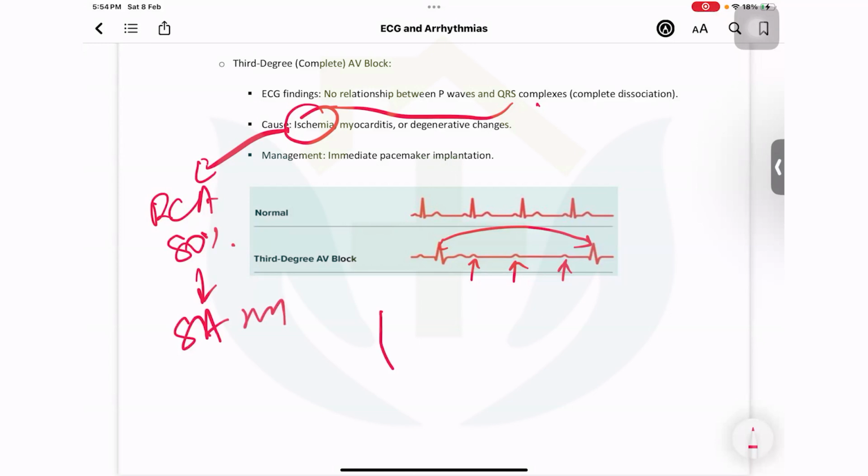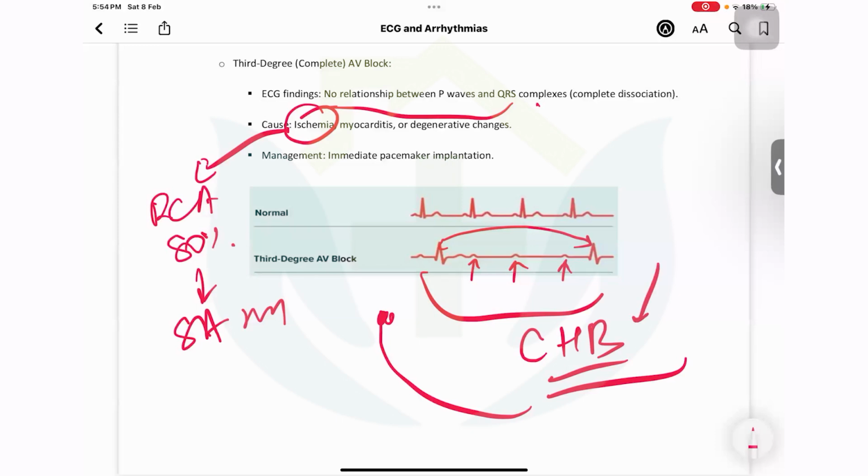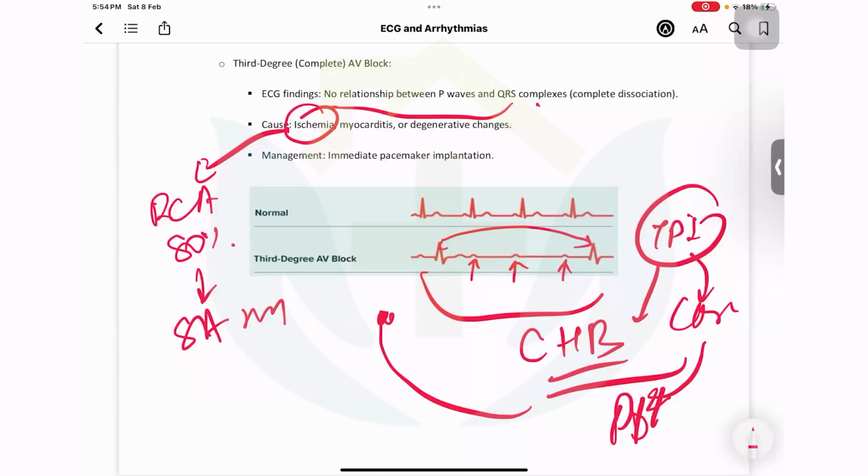So if the RCA is blocked proximally, before the origin of these vessels, they can go into third degree AV block. It is also known as complete heart block. Treatment is initially temporary pacing, followed by coronary angiogram and opening of the vessel, and then permanent pacemaker insertion.